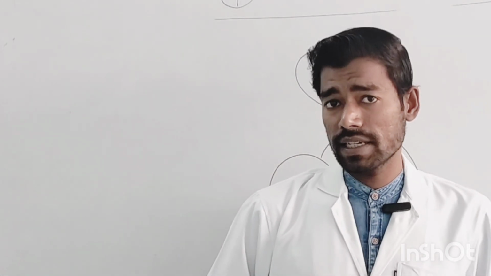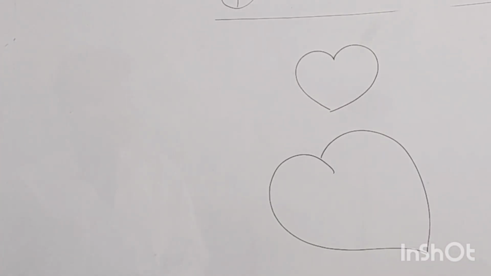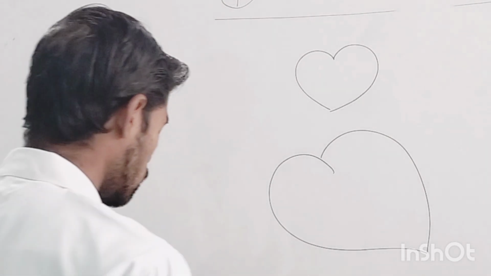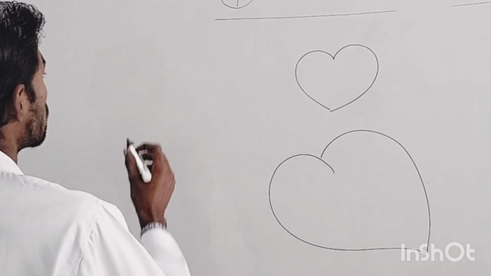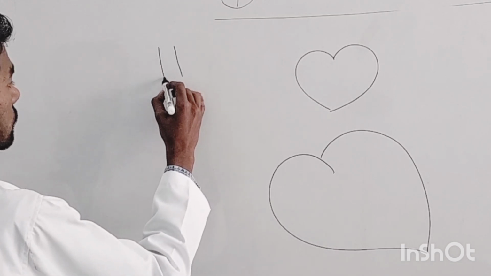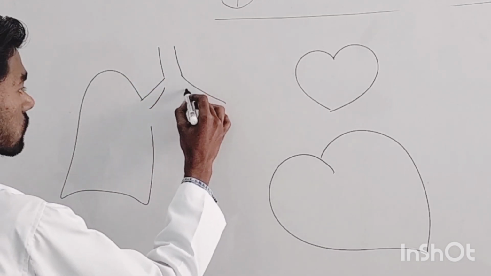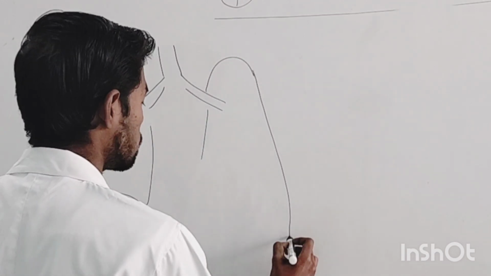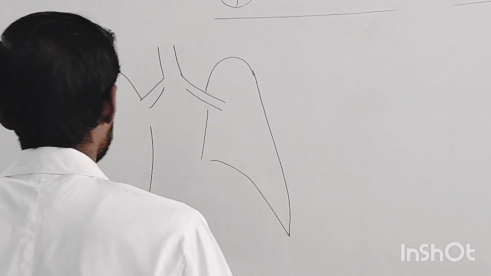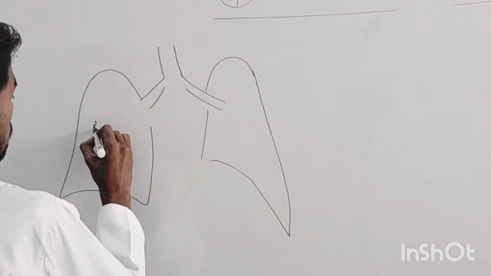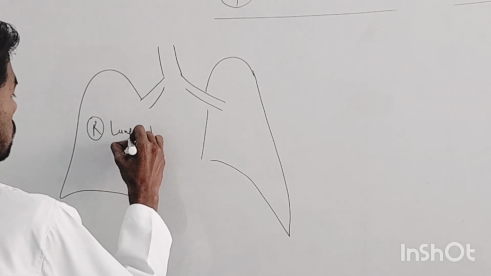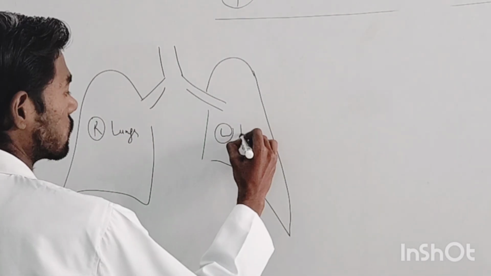See, it is very important to know the location of the heart. We all know humans have two lungs. This is our right lung. This is our left lung.